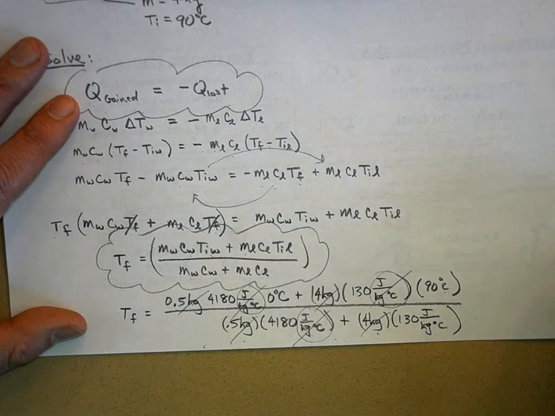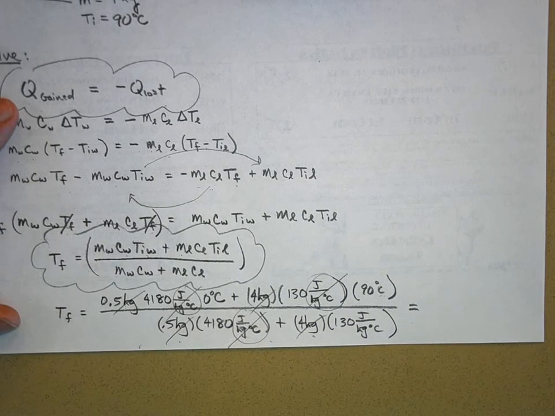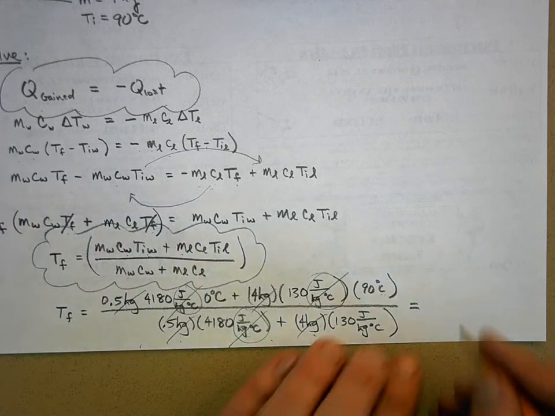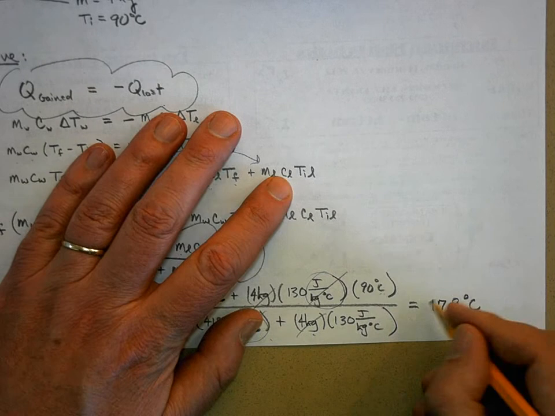Now, I'm just going to tell you, do the arithmetic, plug it all into your calculator, and I've already worked this problem out, if I can find it. And it turns out to be 17.9 degrees Celsius. This will be the final temperature.